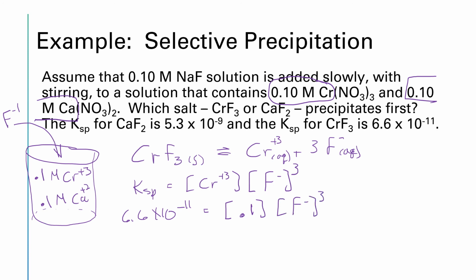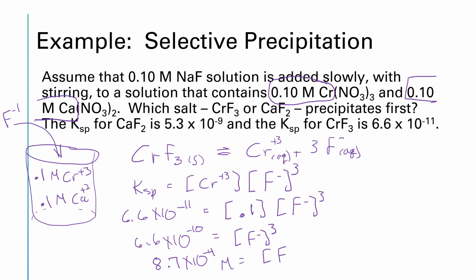So I'm going to divide both sides of this equation by 0.1. So 6.6 times 10 to the negative 11 divided by 0.1 is going to give me 6.6 times 10 to the negative 10 is equal to fluoride cubed. And so now I'm going to take the cube root of both sides of this equation, and that's going to give me a fluoride ion concentration of 8.7 times 10 to the minus 4 molar.